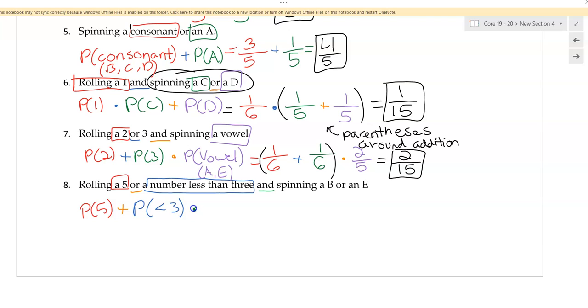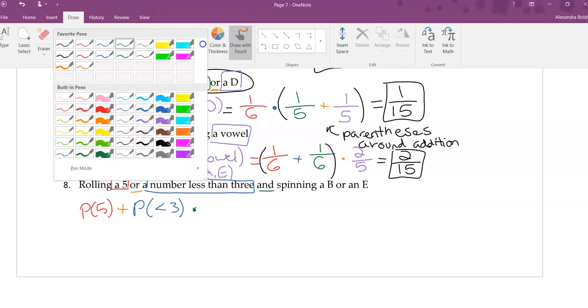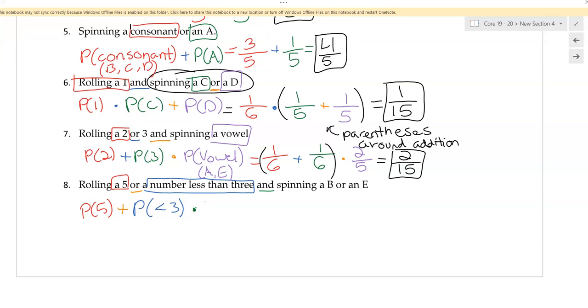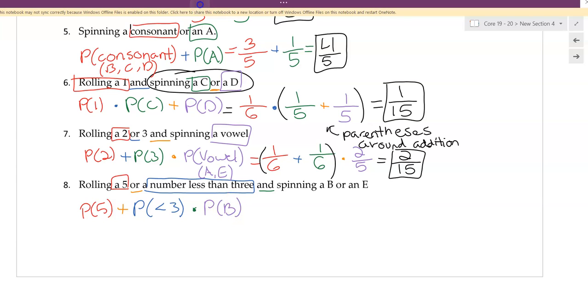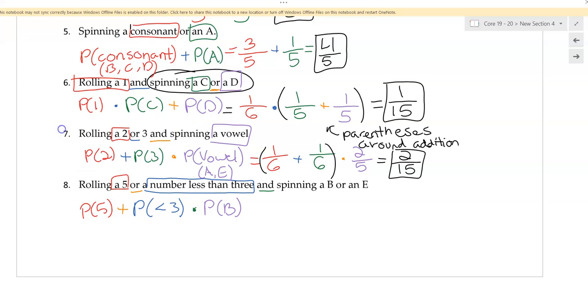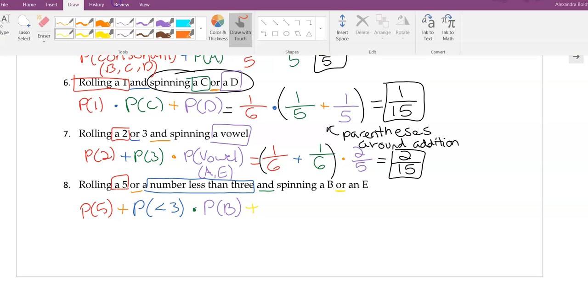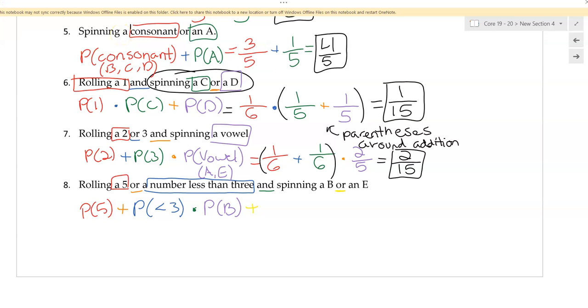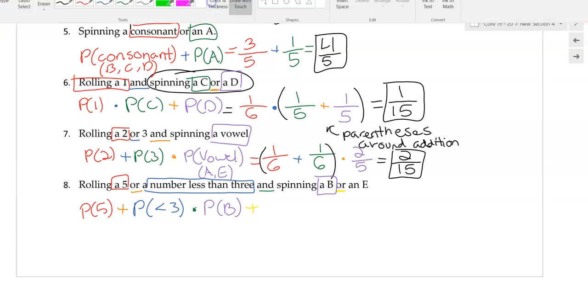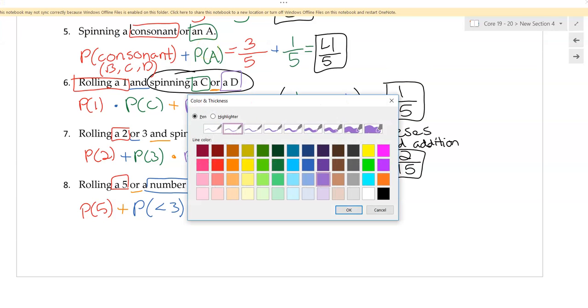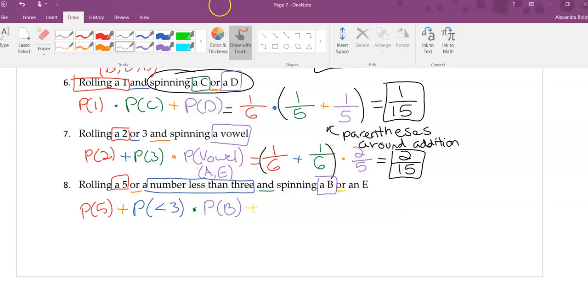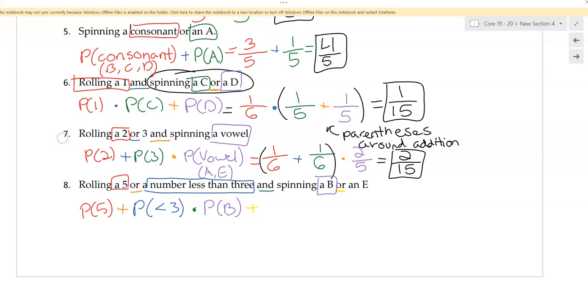And means to multiply. Spinning a B. Or, right, we're keeping going. Or means to add. And E. Let's do this green.